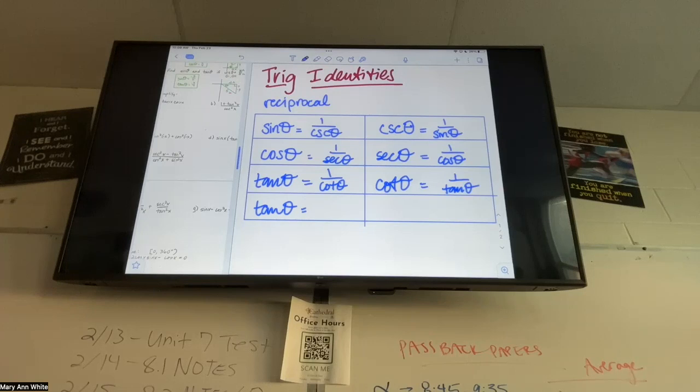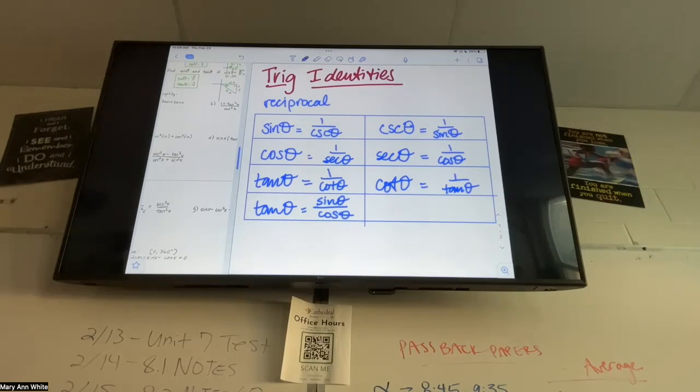Take your brain back to the unit circle. Tangent is what in terms of x's and y's in the unit circle, Ava? Y over x. Now, on the unit circle, what does y mean? Y is your sine, good. So if tangent is y over x, tangent also can be thought of as sine over x, which is cosine.